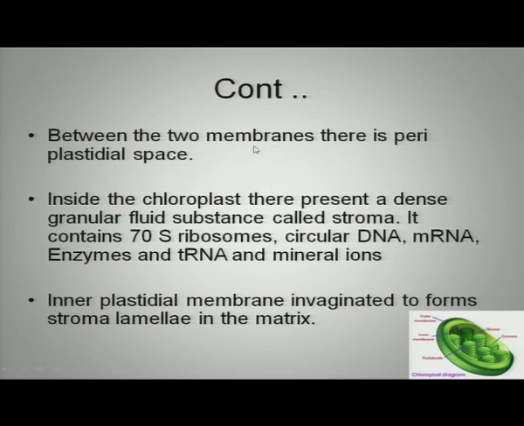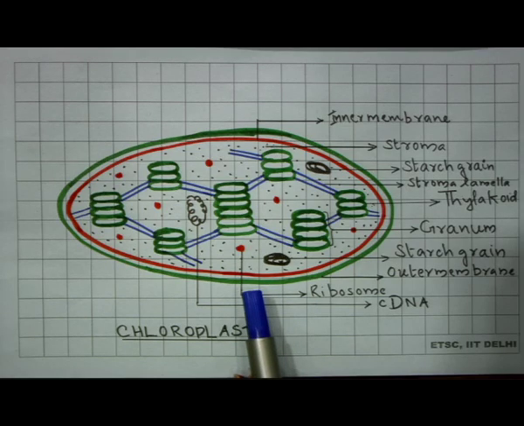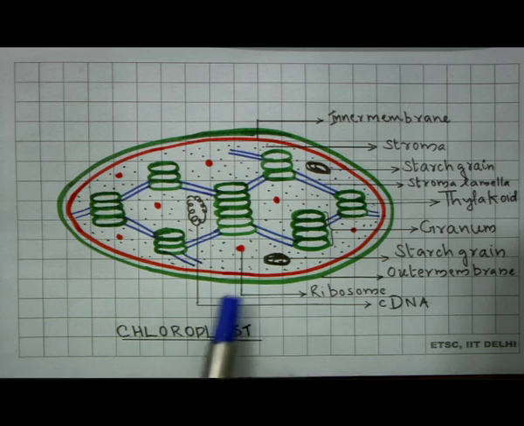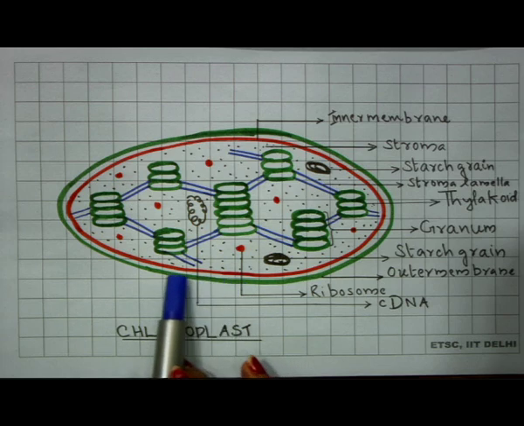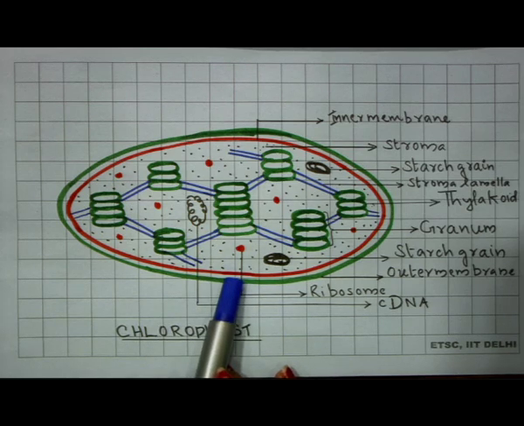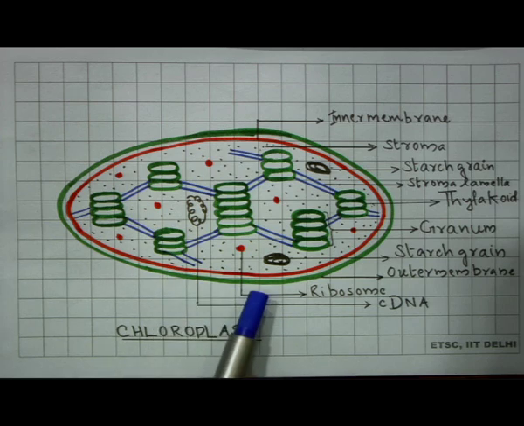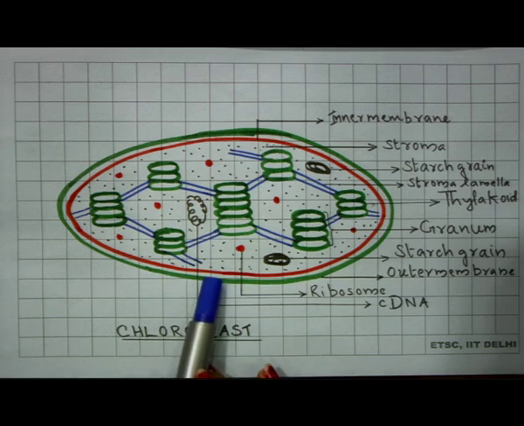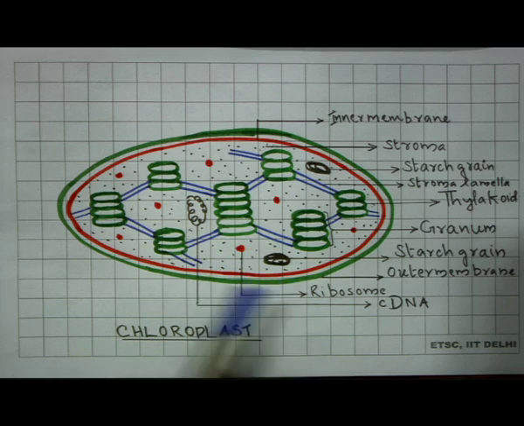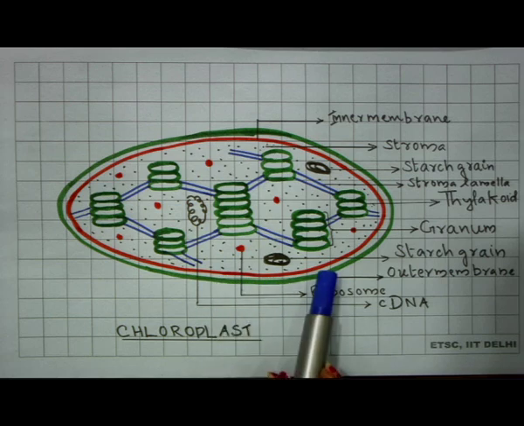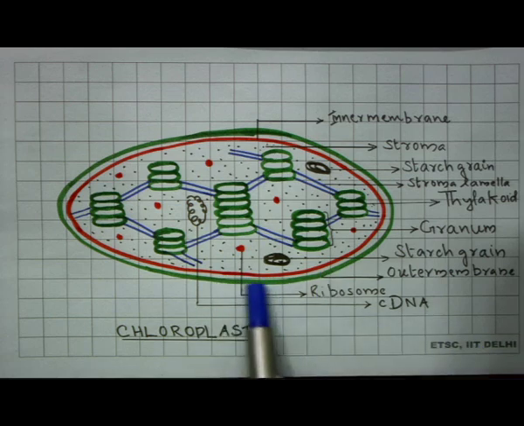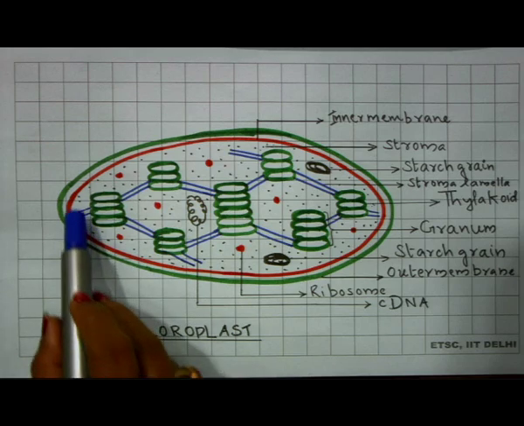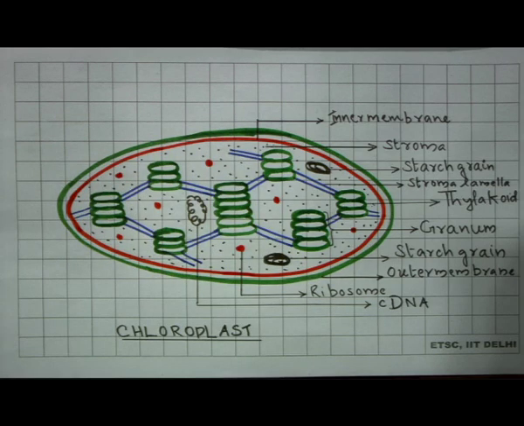As in the case of mitochondrion, here in chloroplast also you can see a small narrow space between the two membranes, that is called as periplastidial space. So, this is the periplastidial space, the narrow space seen in between the two membranes.